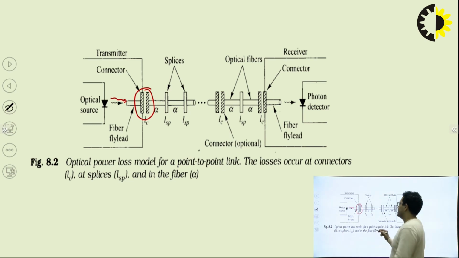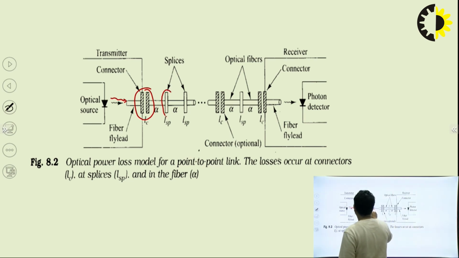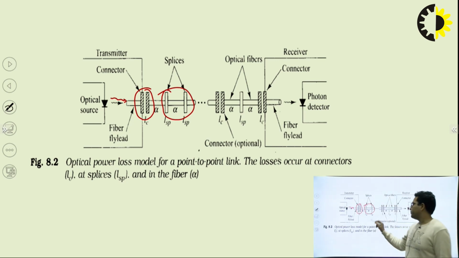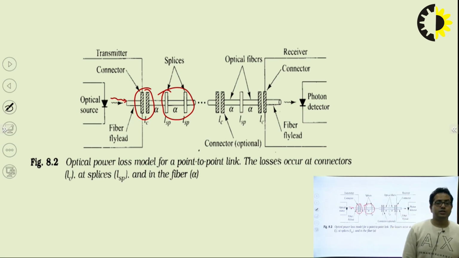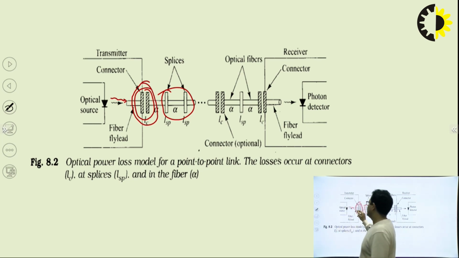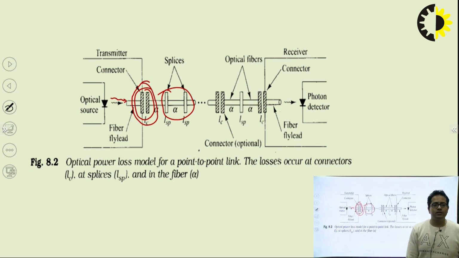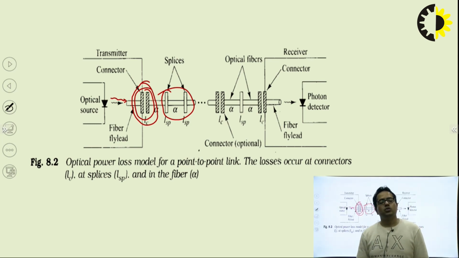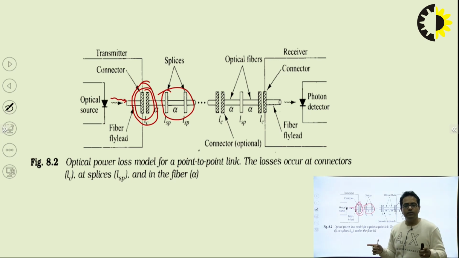That is what is done here: fiber spools are joined by a process called splicing. So we have connected the fibers with the source at this point with the help of connectors, and after that there will be multiple splices to get the required length.